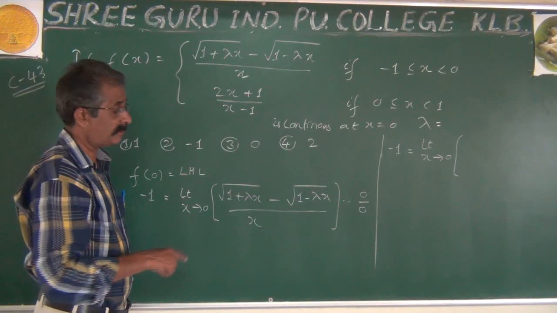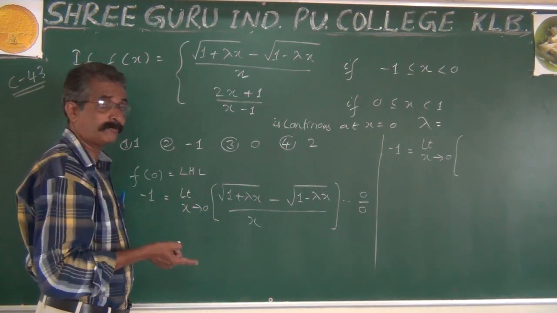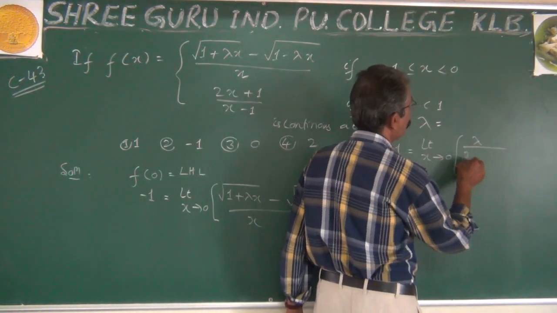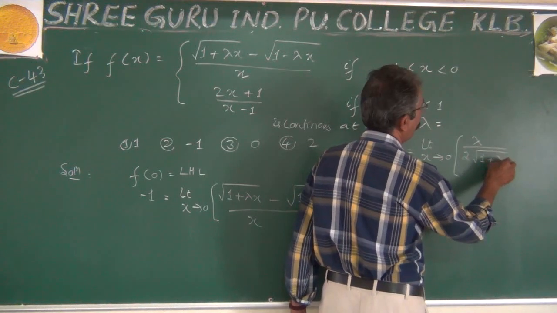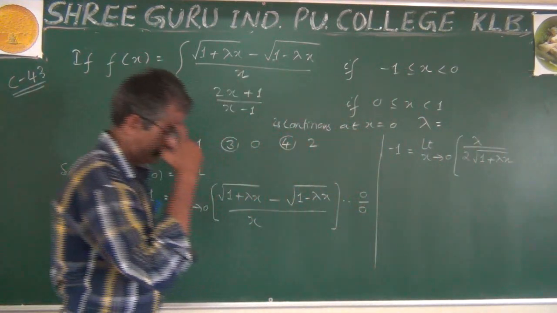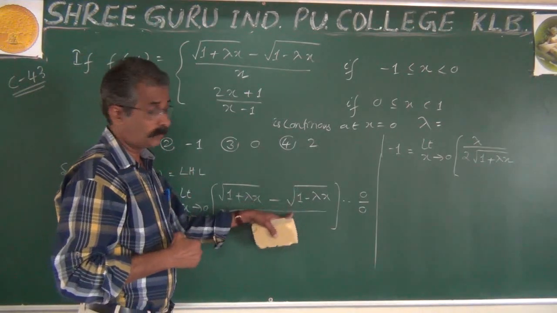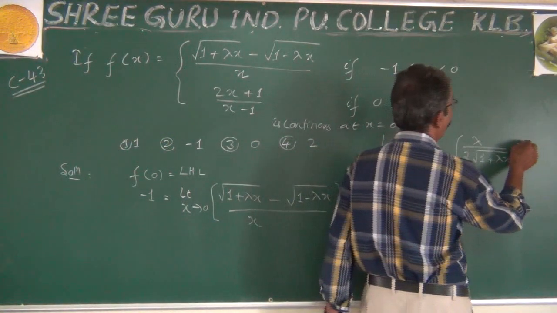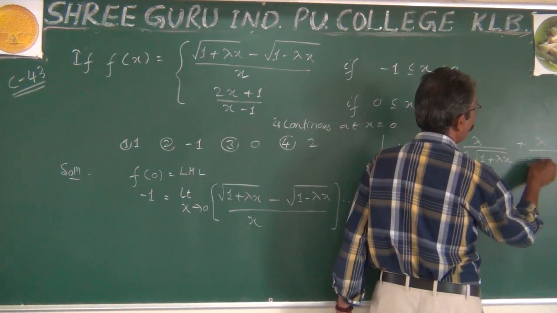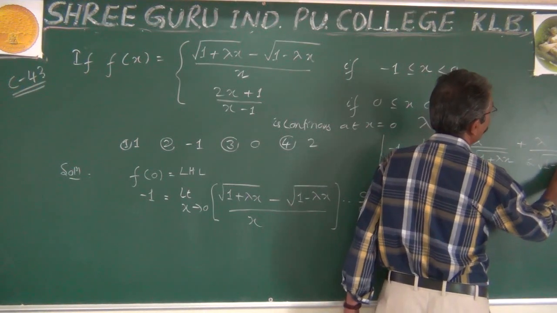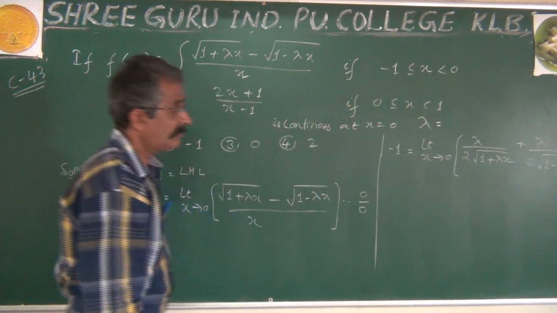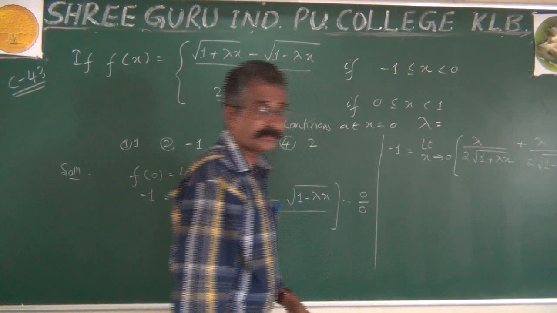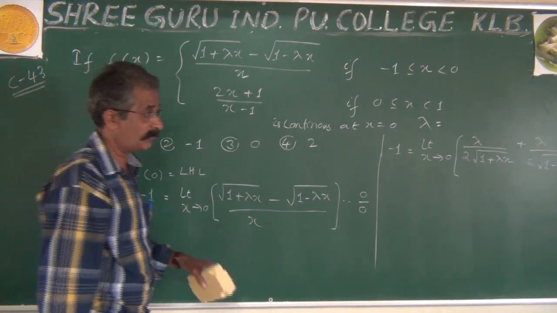Differentiation of root of 1 plus lambda x is 1 by 2 root of 1 plus lambda x into lambda, total lambda divided by 2 root of 1 plus lambda x. Similarly here, 1 by 2 root of 1 minus lambda x into minus lambda, minus minus plus lambda, divided by 2 root of 1 minus lambda x. And that is the differentiation of the numerator divided by the differentiation of x, which is 1, so it is ignored.